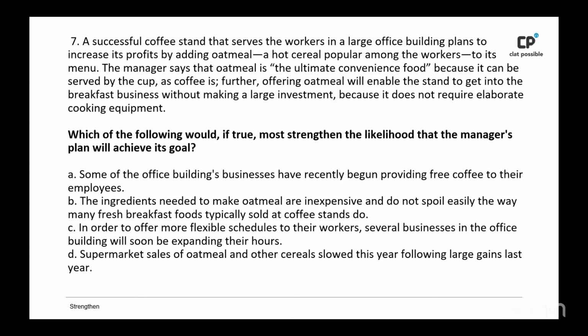A successful coffee stand that serves the workers in a large office building plans to increase its profits by adding oatmeal to its menu. Oatmeal is a hot cereal popular among the workers.